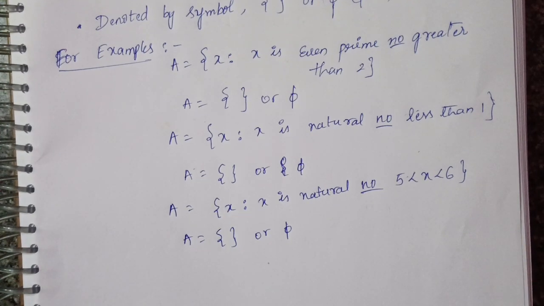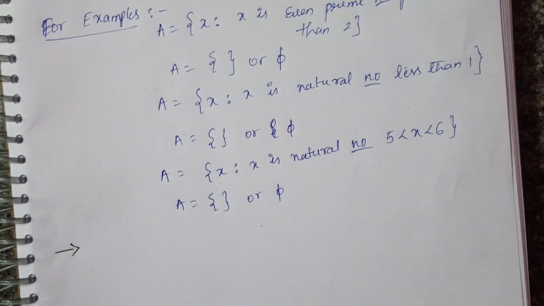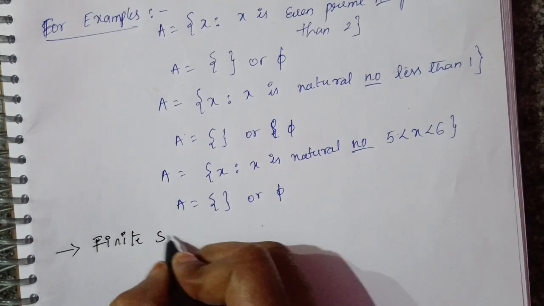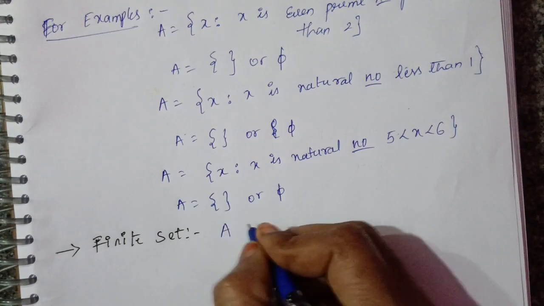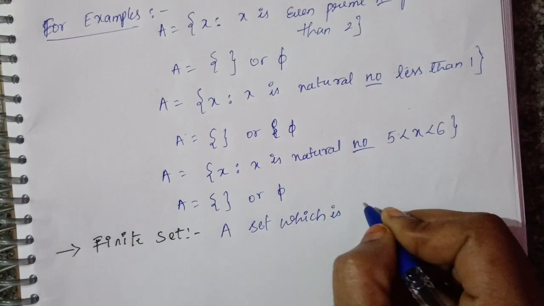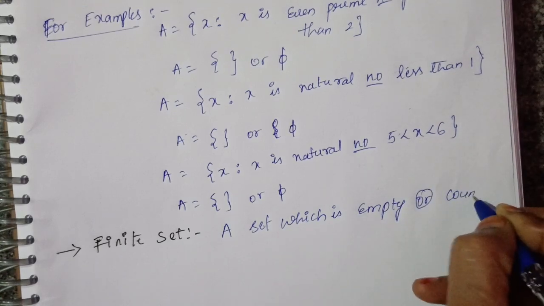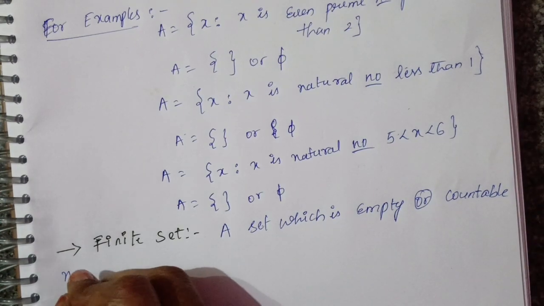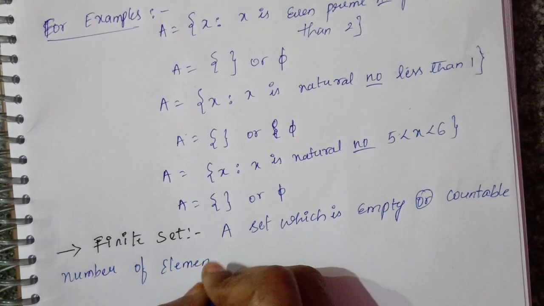Next we see finite set. Finite set means a set which is empty or has a countable number of elements.